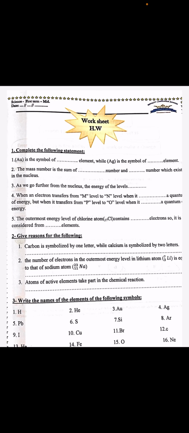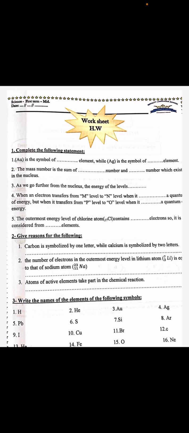Worksheet for homework. I will answer now the worksheet for homework. Complete the following statements. Au is the symbol of gold element, while Ag is the symbol of silver element.